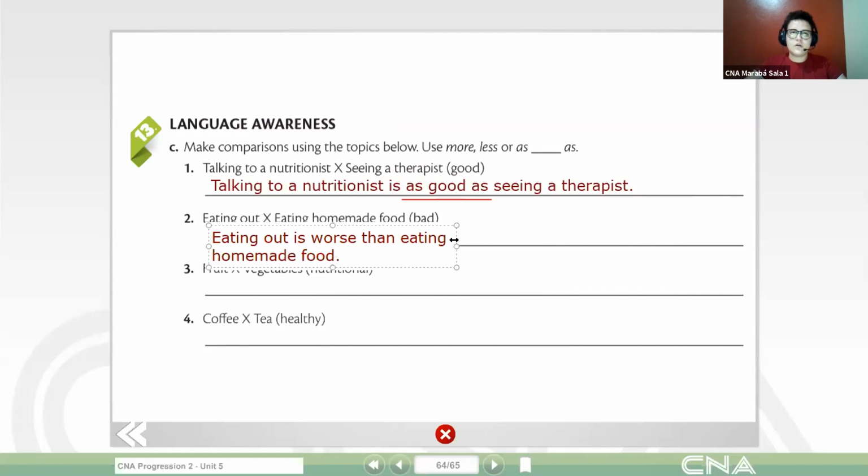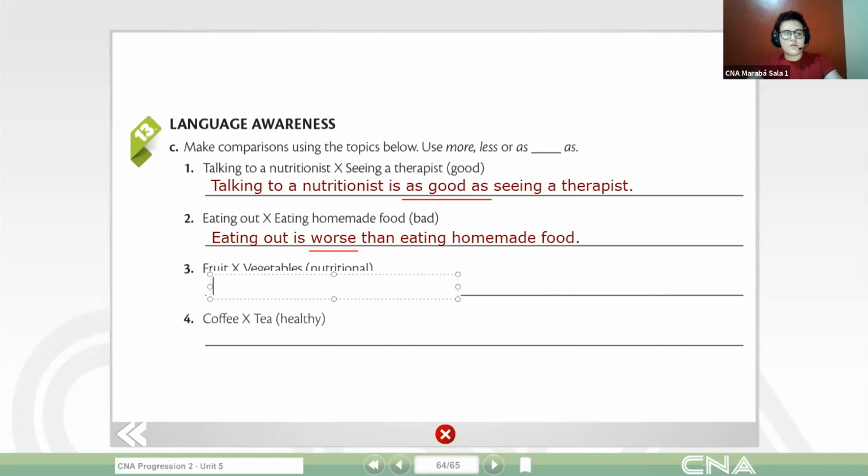So for this one, worse is the comparative for bad when I want to talk about inferiority. Again, just an example. You can have different sentences. Fruit and vegetables, nutritional. I'm going to write here that fruit is as nutritional, I don't know if this is true, as vegetables.